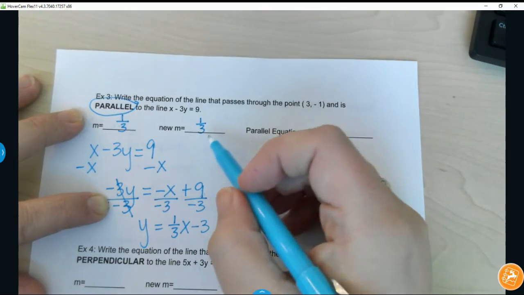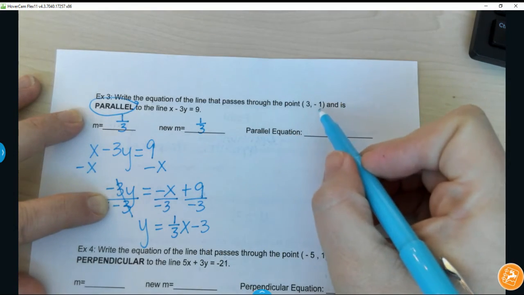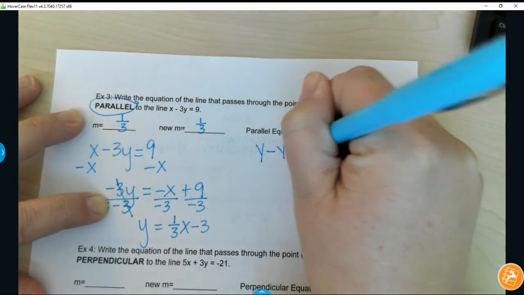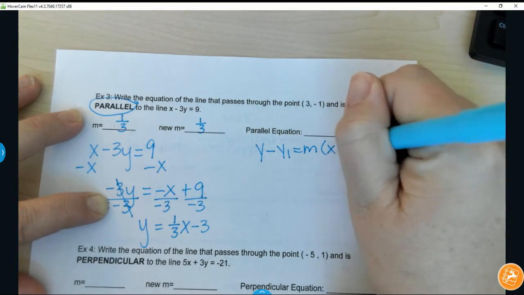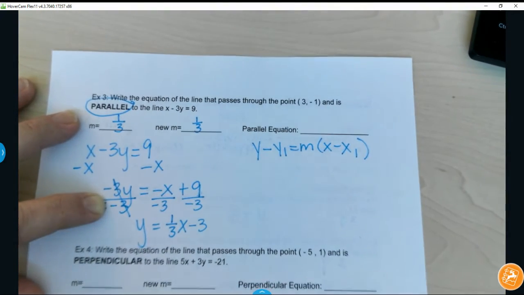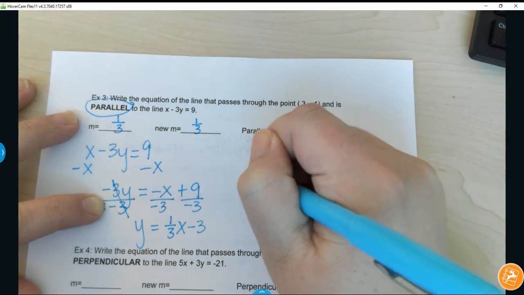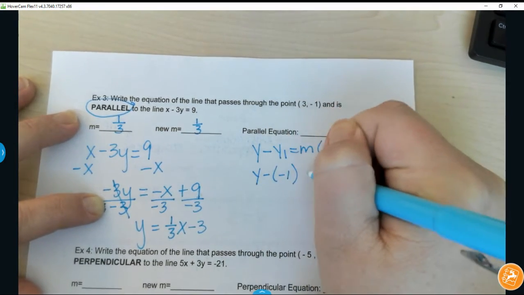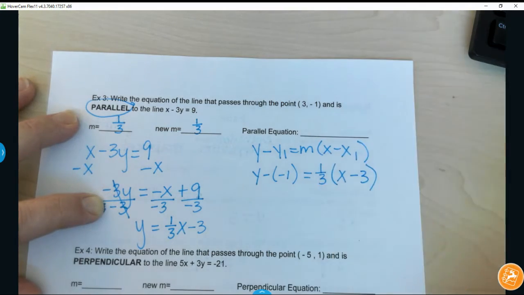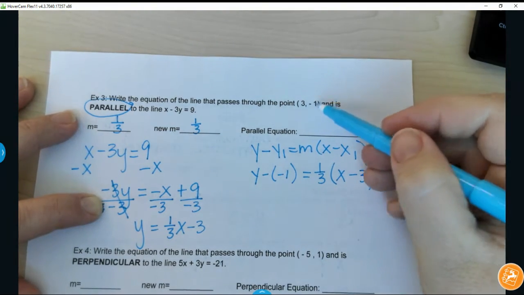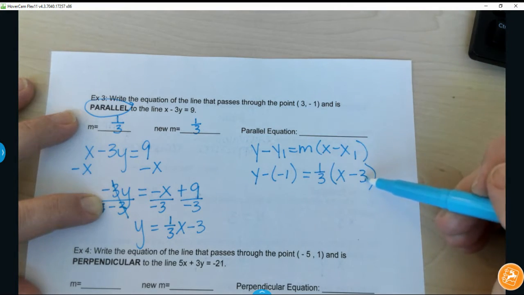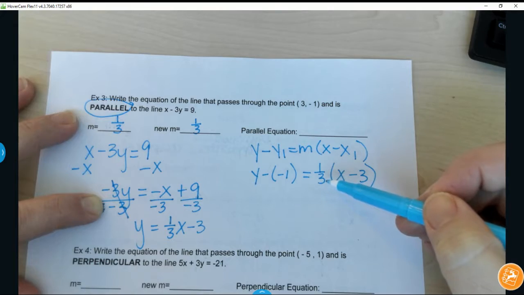If the slope is 1/3 and it has to pass through the point 3, negative 1, again, y minus y1 equals m times x minus x1, or you can use the slope intercept. Either one of those equations will get you to your final answer. Y minus a negative 1 equals 1/3 times x minus 3. I substituted in the negative 1 here, substituted in the 3 there, substituted in the slope here.